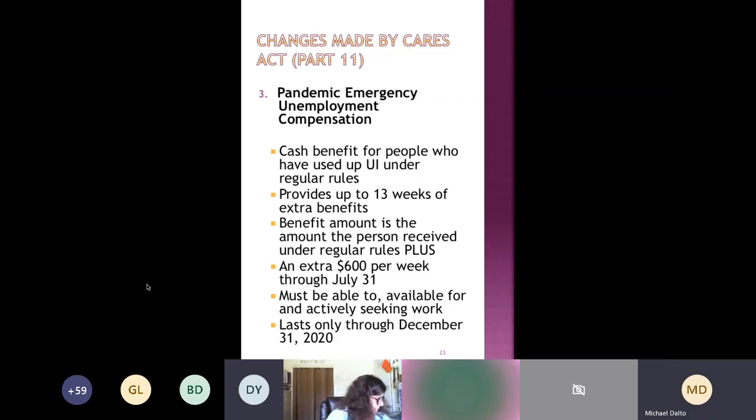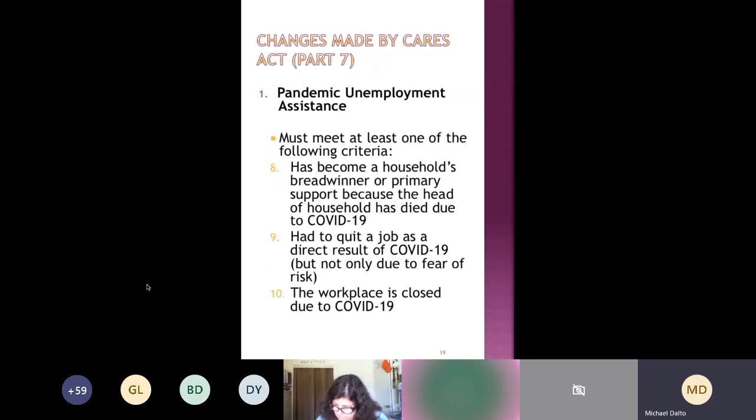Yeah, good questions. The first one first, would somebody meet condition number 10? And I'm going to come back to that. The workplace is closed due to COVID-19. If they were receiving furlough pay, but the furlough pay was only a portion of their regular pay. Again, this is speculation on my part. We have no regulations that spell this out.